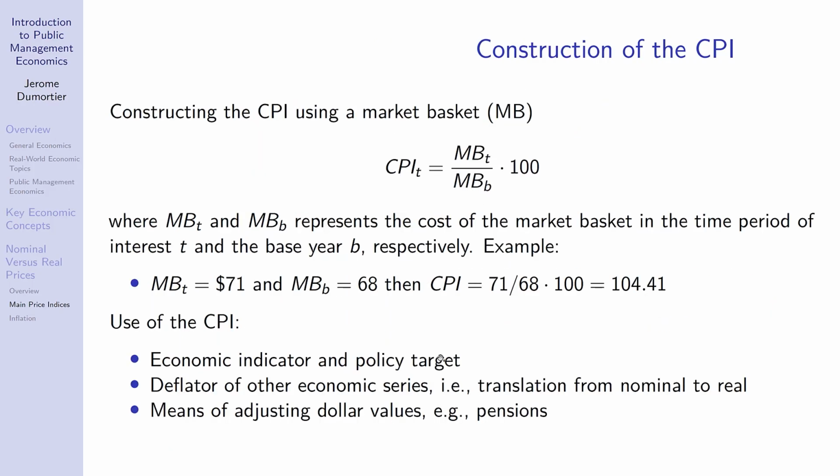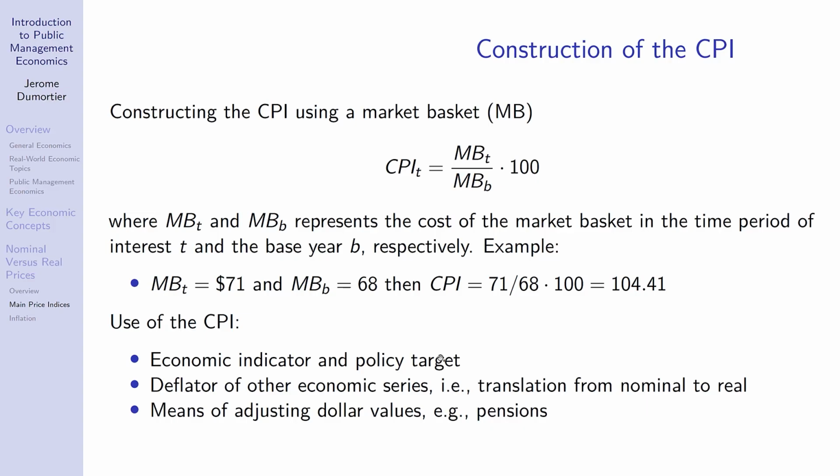Now, let us have a look at how the CPI is actually constructed. Suppose that you're going to the supermarket in a particular year and that you're purchasing goods and services. You're filling up your shopping cart, and that shopping cart costs $68. Then 365 days later, you're purchasing exactly the same items, and this time the shopping cart costs $71.